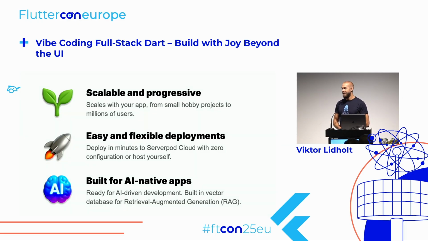We are building a Serverpod Cloud, so you can deploy it with zero configuration. That will be available in a public beta later this year. And we built it also for AI native apps. So we're building these vibe coding tools, so MCP servers for Serverpod, but we also have support for things like vector databases, which is great for when you're working with LLMs and need to look up data from a semantic search and stuff like that.